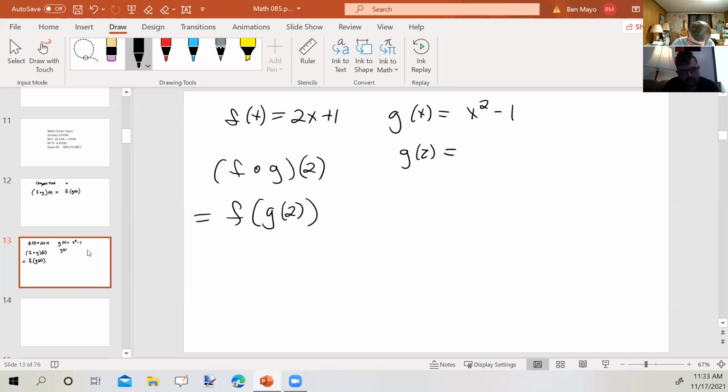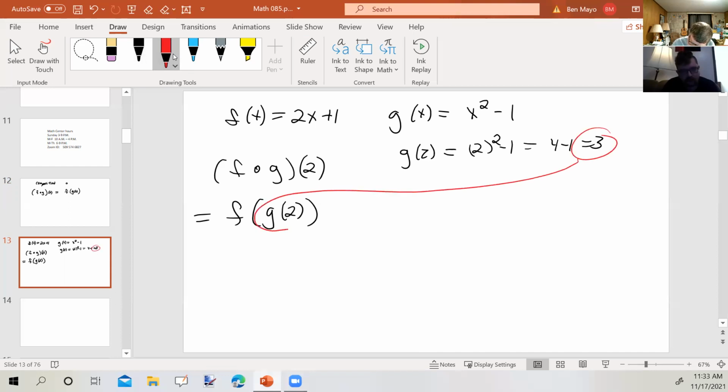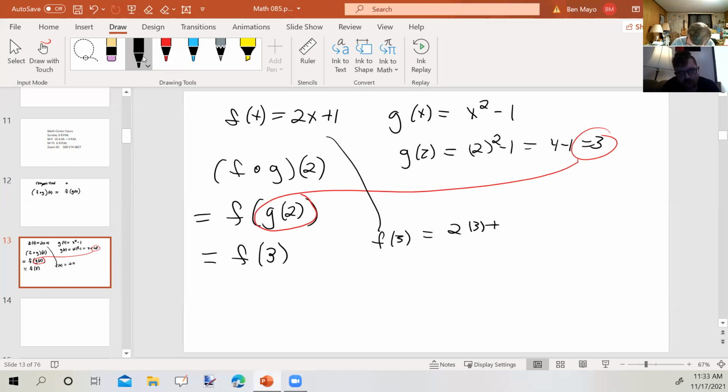G of 2 is 2 squared minus 1, 4 minus 1, or 3. Since g of 2 is 3, that goes in the place of g of 2. So f of g of 2 now becomes f of 3. F of 3 is 2 times 3 plus 1, which is 6 plus 1, which is 7. So final answer is 7. So f composed with g of 2 equals 7.